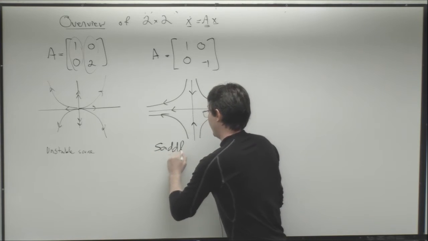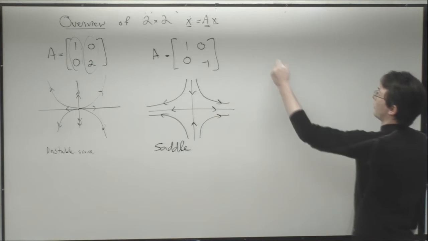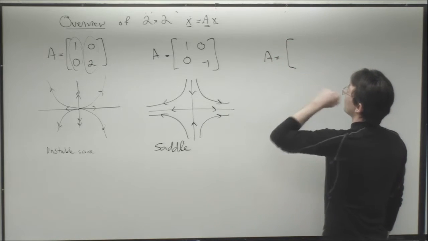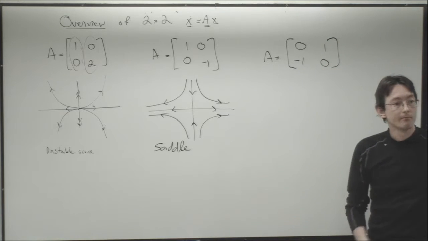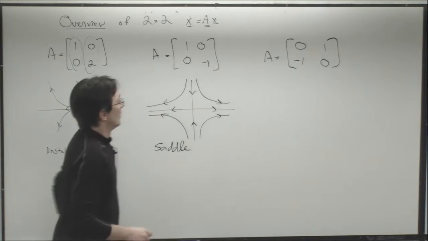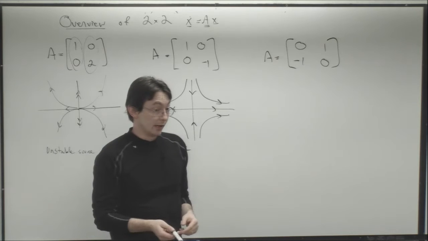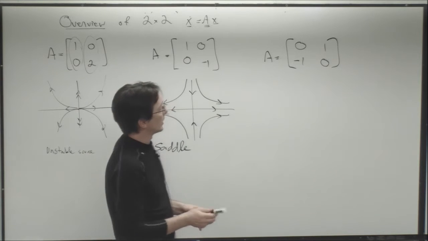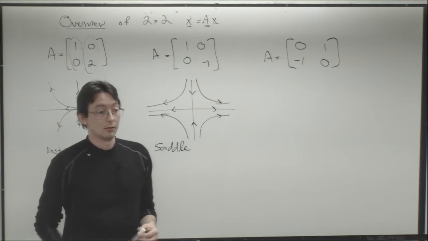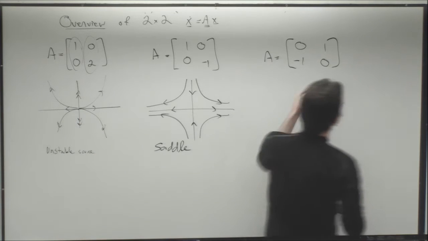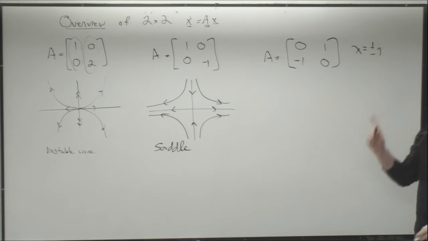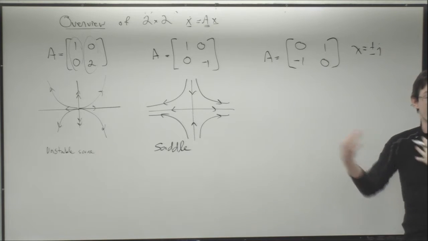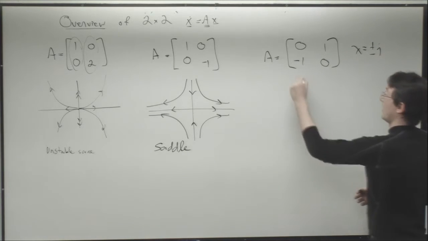And it's definitely unstable. Okay, what if I have A equals 0, 1, minus 1, 0? What about that one? Do you say stable or unstable? Why do you think it's unstable? What are the eigenvalues for this one? This one has eigenvalues plus or minus i, and so it's going to be oscillatory. We're going to get pure sines and cosines.